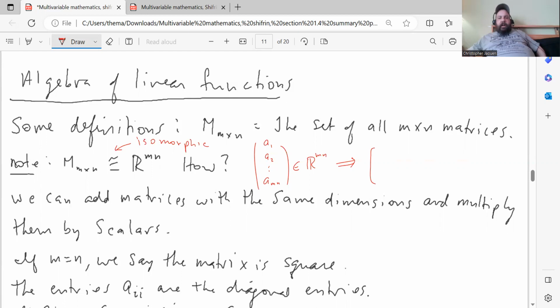Instead of writing it as a column vector, you can just put the entries into an m by n matrix. So you have m rows and n columns. So that's how they're isomorphic. It's just another way of representing the same thing.